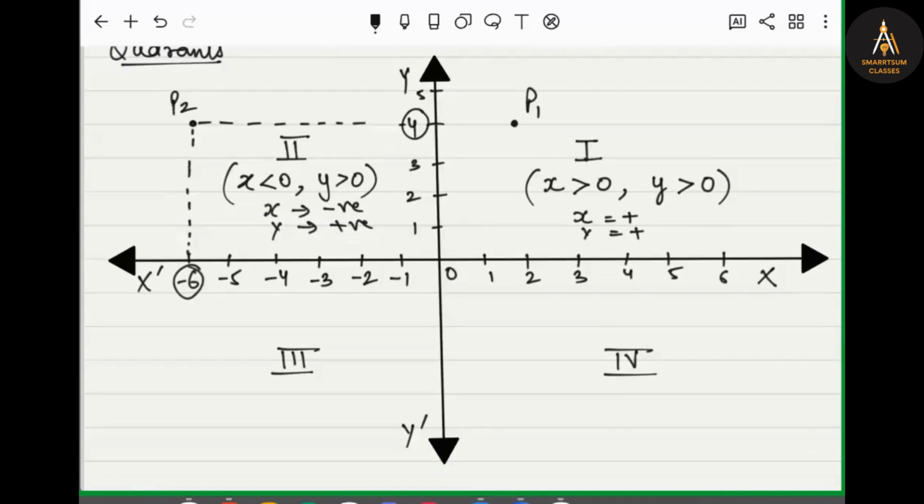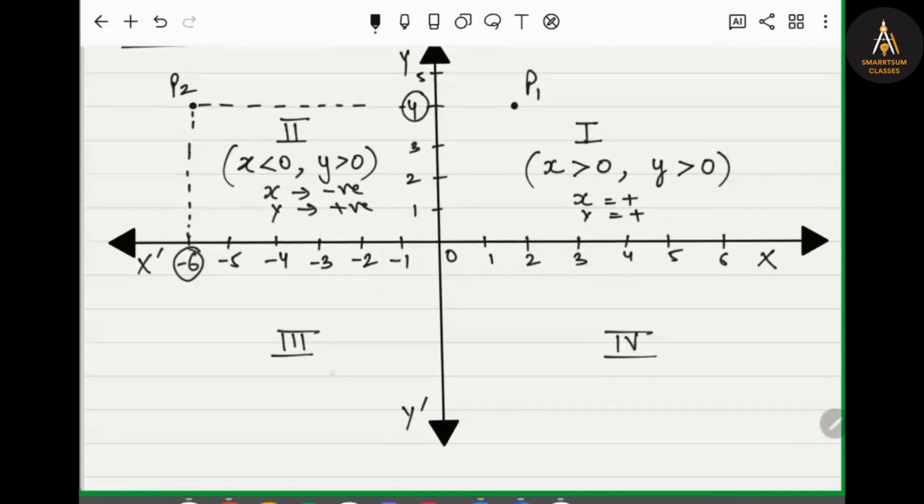Okay. Now, the third quadrant. Let me write the values of y here: -1, -2, -3, -4. Suppose you have a point P3 here. If you find the coordinates of this point, you will find that both x and y are negative.